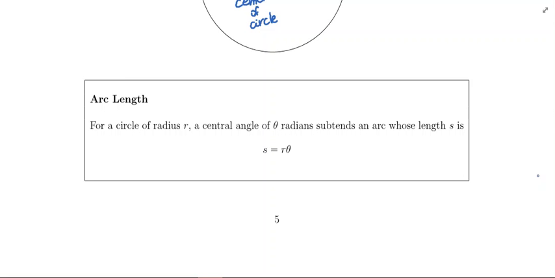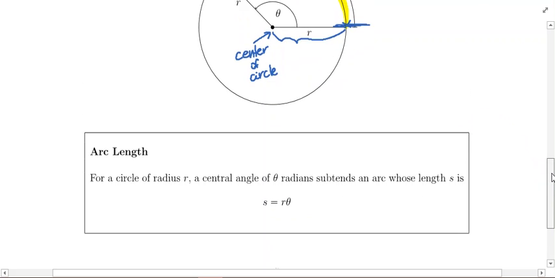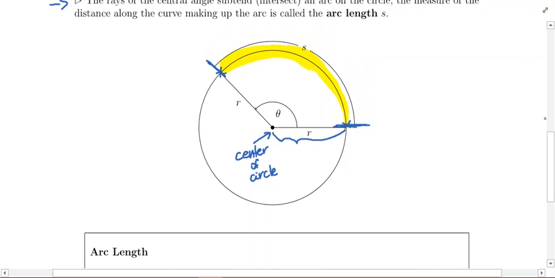So the arc length formula is S, which is arc length, equal to the radius times the central angle theta. You multiply the radius and the angle together, and you get the arc length.